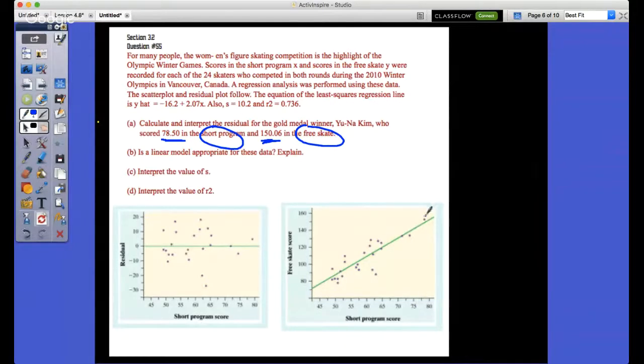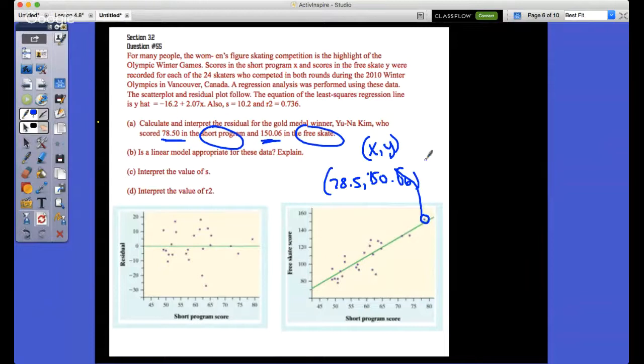All right, I think this is it. That is Kim's, okay? So this is the point we're referring to. That dot represents the X and Y as listed, 78.5 and 150.06. That's that point.